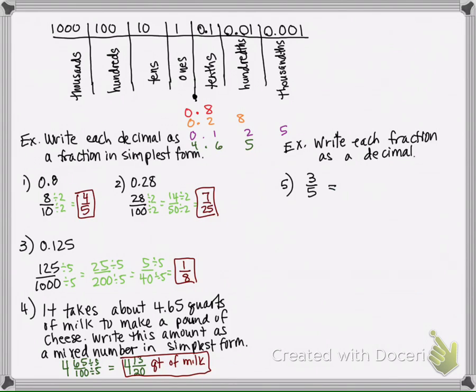Now, if you can get 5 to become a denominator that is 10, 100, or 1,000, then this is actually the fastest way to do this. If I multiply 5 by 2, I get to 10. So if I multiply 3 by the same thing, I get 6. So now that I have it as 6/10, I just read it, and I get 6 in the tenths column.